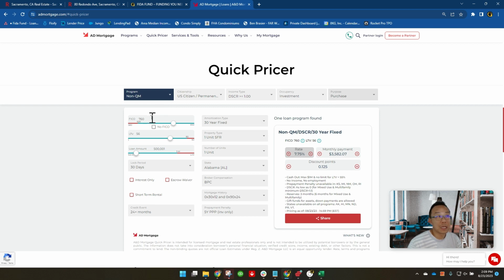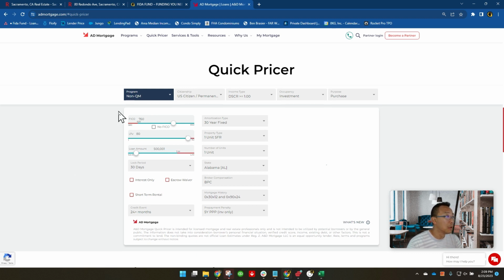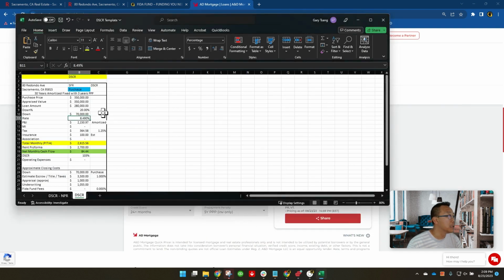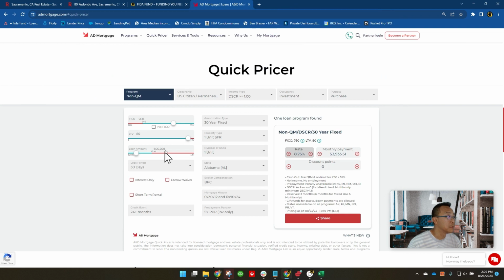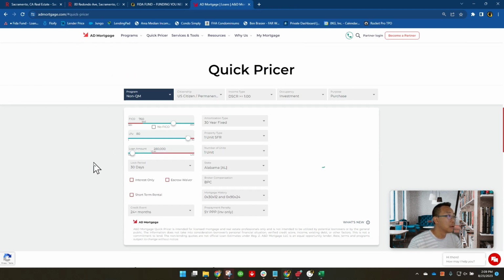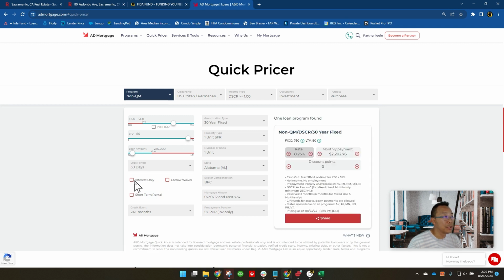FICO score, just assume 760. LTV, we put 20% down, so it's 80% loan to value. Our loan amount is $280,000, right? Okay, 30-day lock. We're not doing interest only, right?